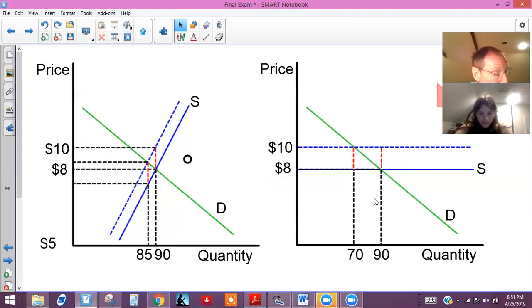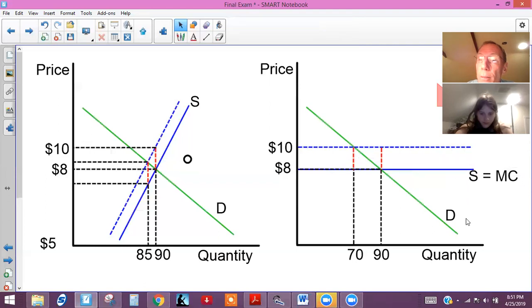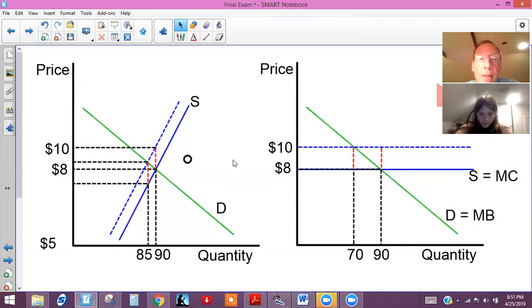And the only other thing I wanted to point out is, remember, supply equals marginal cost, and demand equals marginal benefit, okay? And where marginal benefit is equal to marginal cost is the socially optimum or allocatively efficient level.